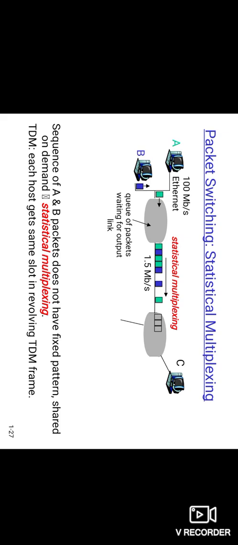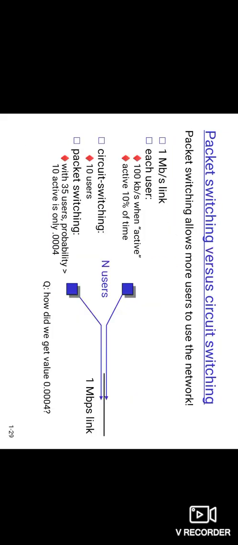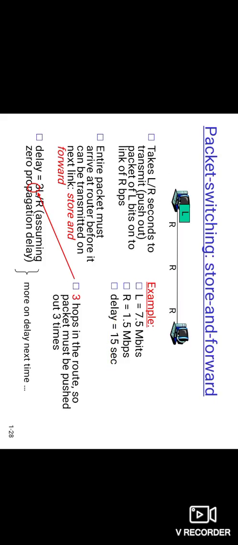Okay, so circuit switching uses frequency division multiplexing and time division multiplexing, whereas packet switching uses statistical multiplexing.